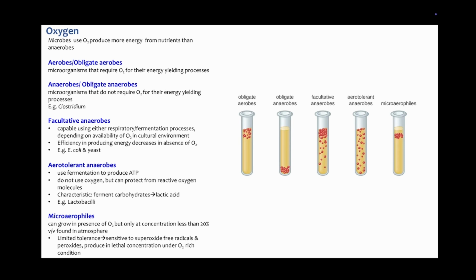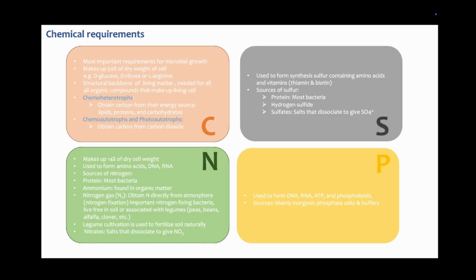So next we'll look at the chemical requirements. Carbon, nitrogen, sulfur, phosphorus, these are the main ones, these are the macronutrients. So we are all hydrocarbon based organisms, so of course we will need carbon.